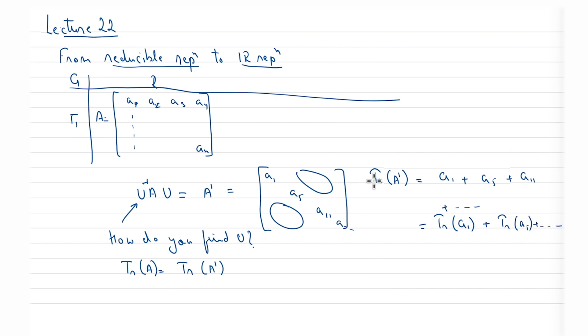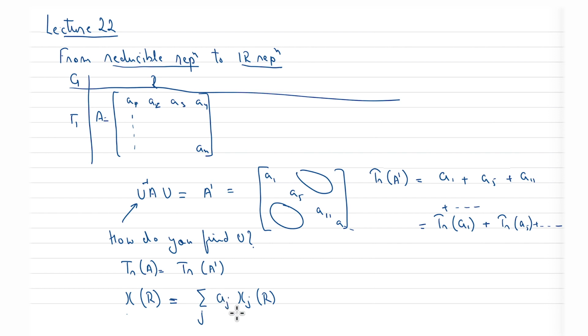So the character of a reducible representation under a symmetry operation, which is the trace of A prime, will be equal to a linear combination of a_j times chi_j, the character of the jth irreducible representation under the symmetry operation R, right?